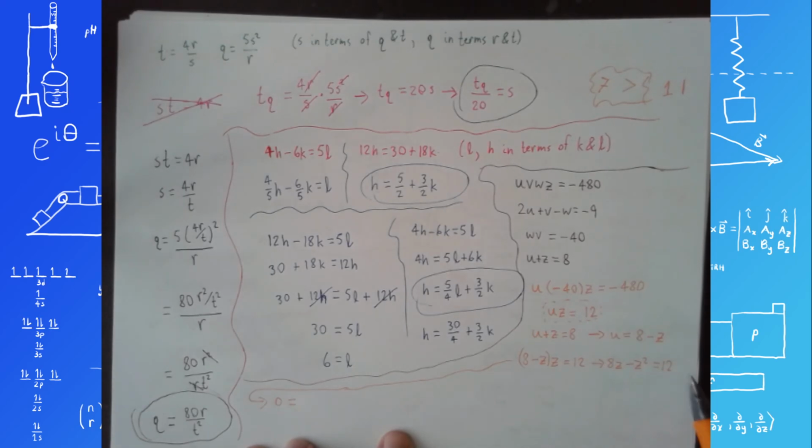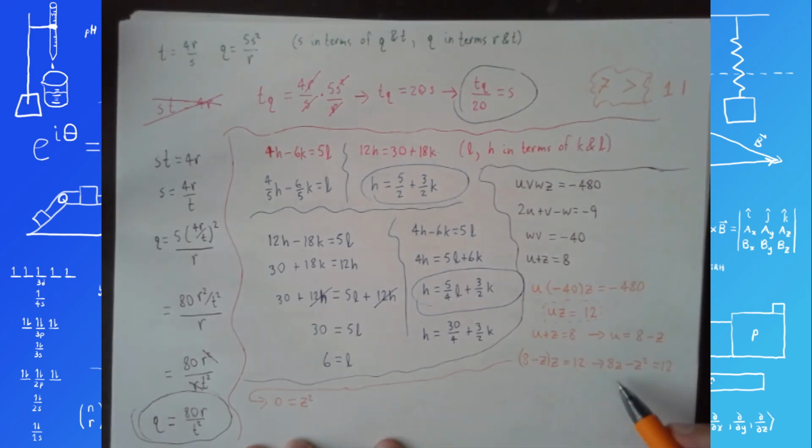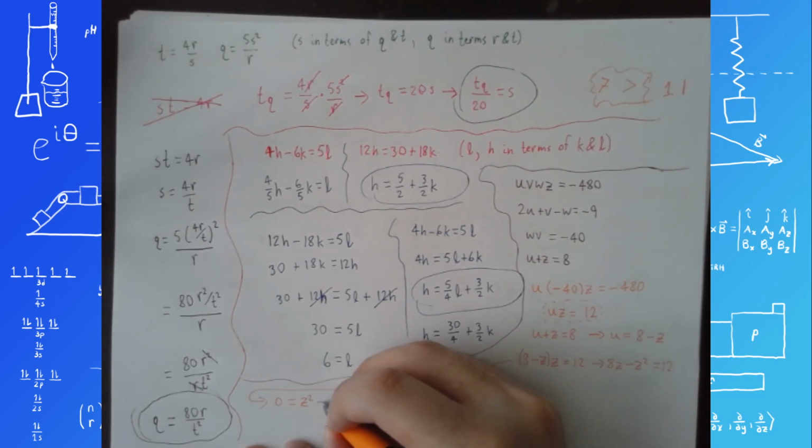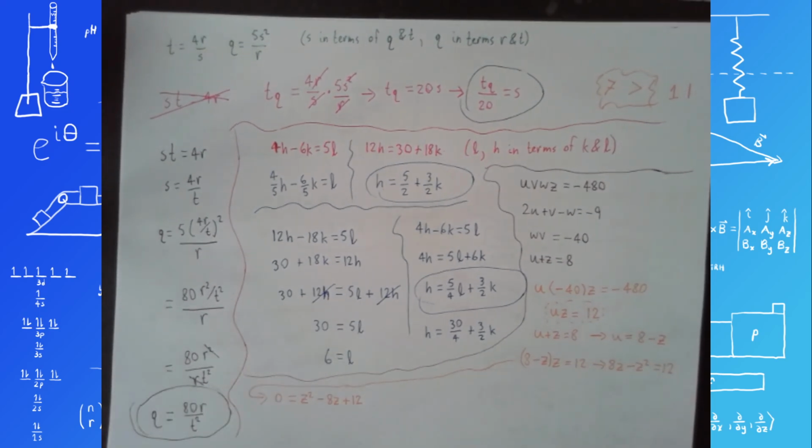let's see, add z squared. So I'm going to list that first. Subtract 8z. And then there was already a positive 12 on the right-hand side. And let's see, is this factorable? 6 and 2. Yeah, negative 6 and negative 2.